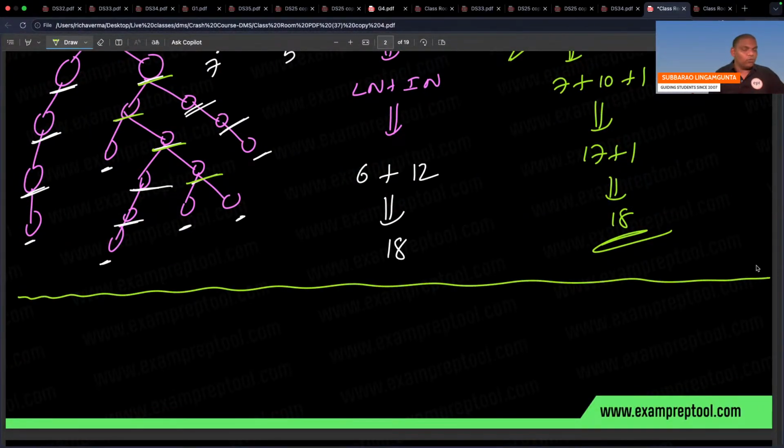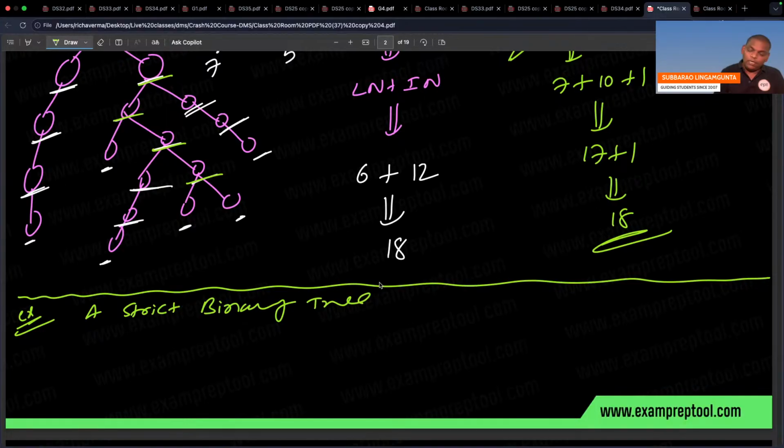Now I will give one question which you can solve very easily. Let's write one example. A strict binary tree T, which has zero child or two child.